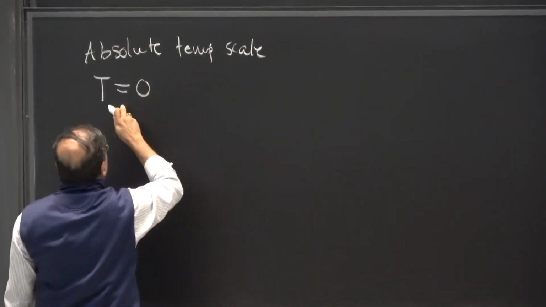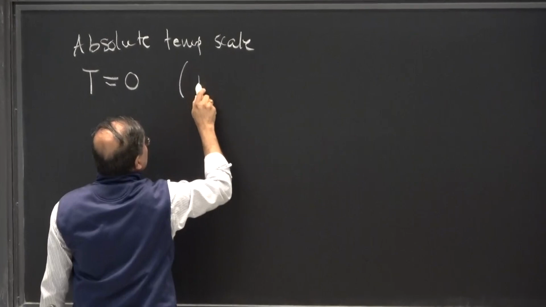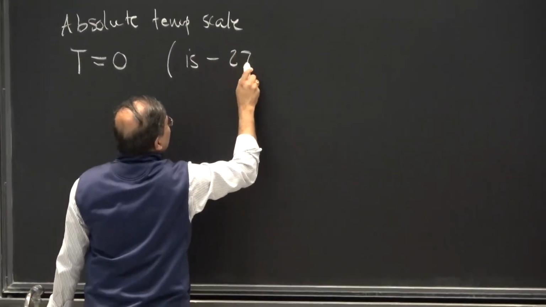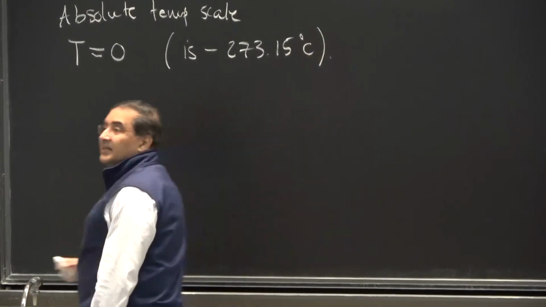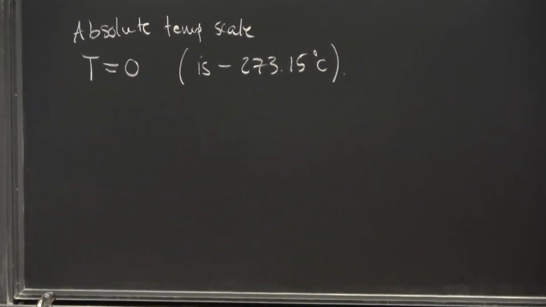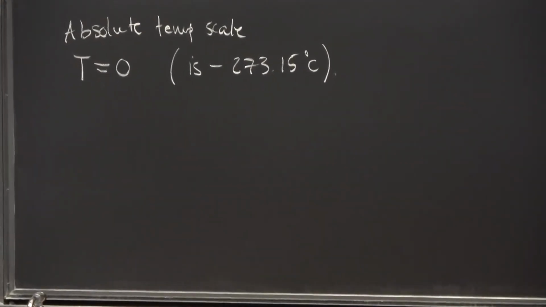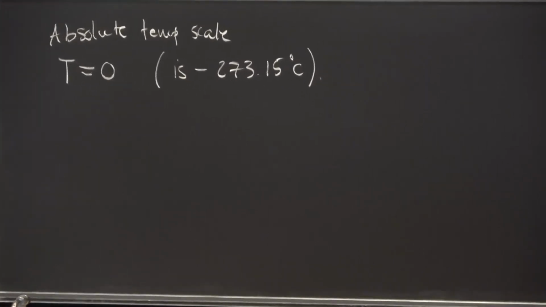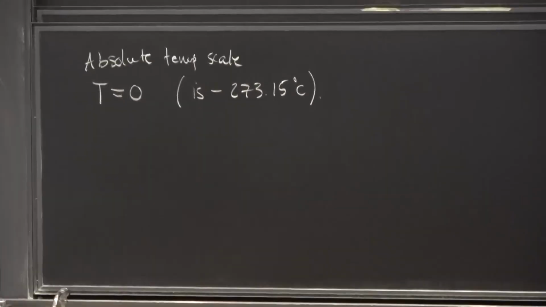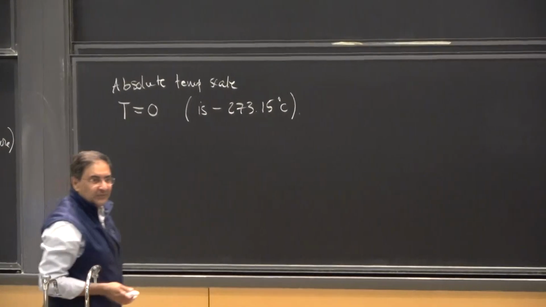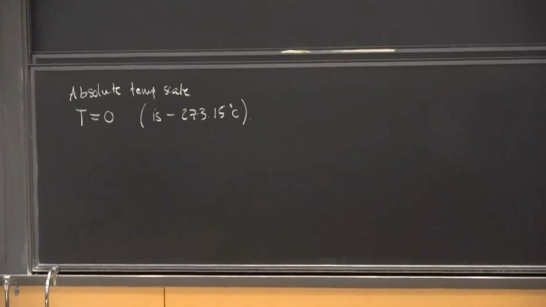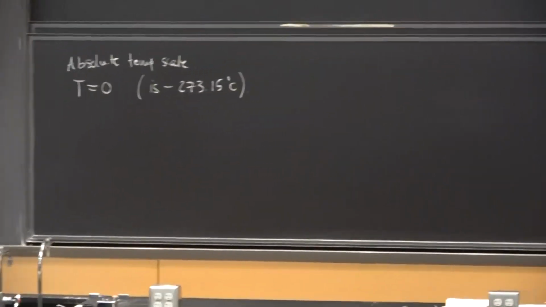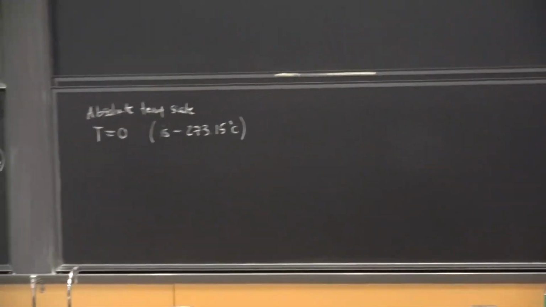And this T equal to 0 is minus 273.15 degrees Celsius in our Celsius scale. So if somebody is telling you that he or she has experienced or knows of something at less than minus 273.15 degrees Celsius, you know that person is not telling you the truth, because it's simply not physically possible.